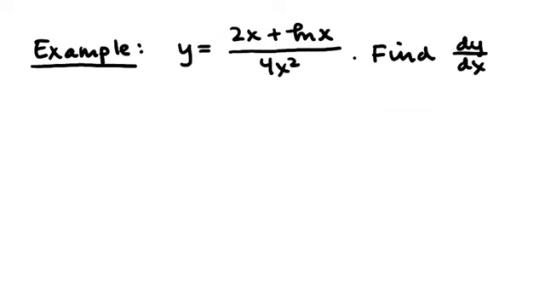All right, let's work an example. Let me work one, and then y'all can work a couple. y is equal to 2x plus the log of x, divided by 4x squared. Find dy/dx. Well, we're going to need the quotient rule because I've got the quotient of two different functions. So dy/dx is the bottom times the derivative of the top.